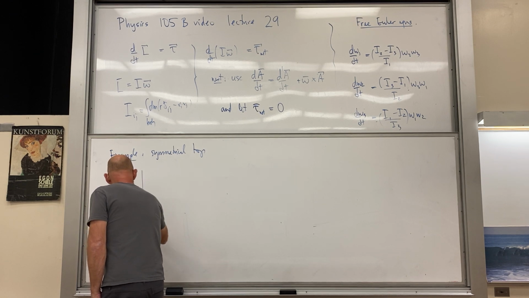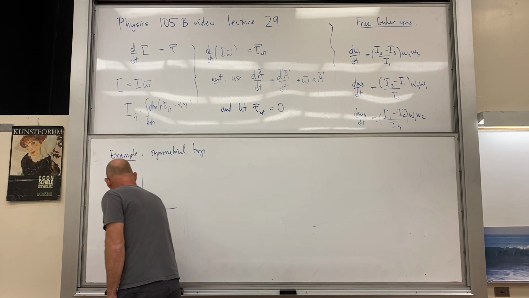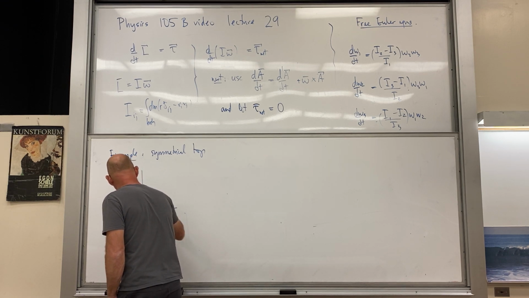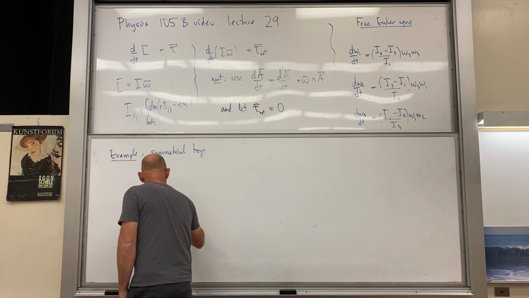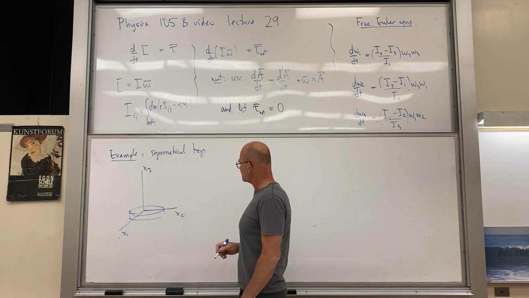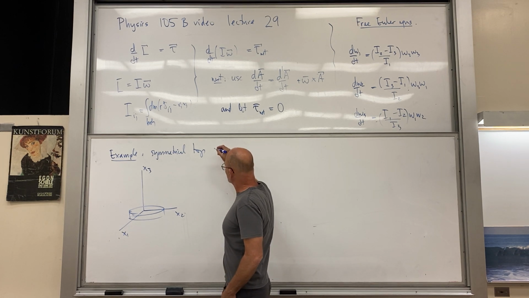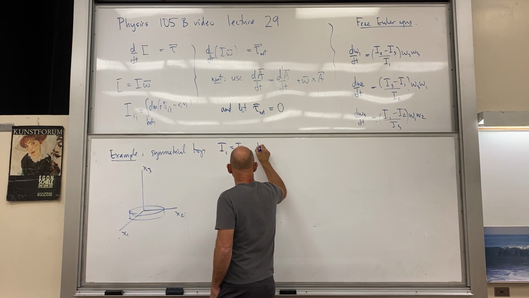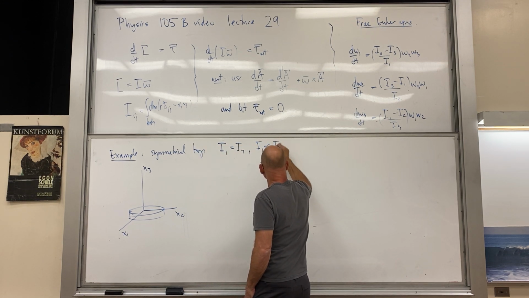So say we have a body frame on some kind of flat disk there, X1, X2, X3. We know that, okay, symmetrical top, so we have I1 equals I2. I1 is not equal to I3.